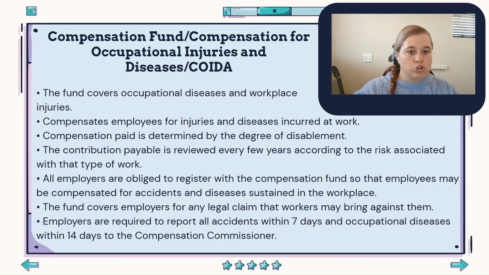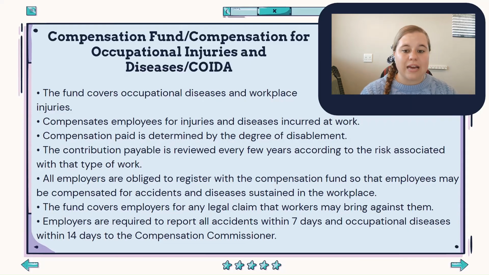So your construction workers and people working with harmful chemicals, they review this every few years to look at the risk that's associated. All employers are obligated to register with the Compensation Fund so that employees may be compensated for accidents and diseases sustained in the workplace.